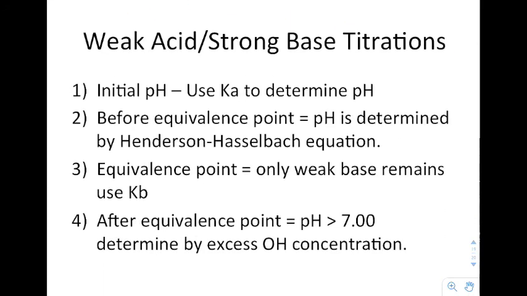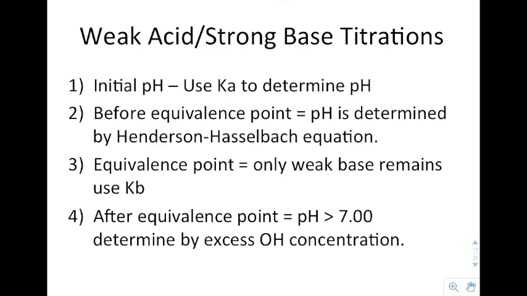Okay, when you have a weak acid, strong base titration, the steps are very similar. You can find the initial pH, but since it's a weak acid, you can no longer just say pH equals the negative log. Instead, you have to use the Ka in order to figure out what the pH is.